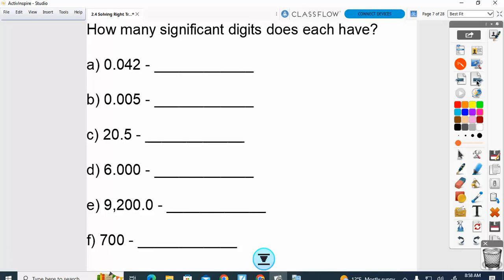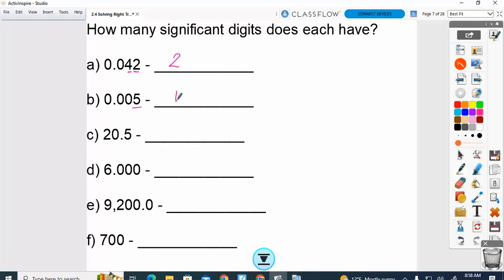And then we don't count trailing zeros if there's no decimal. So first non-zero digit on the left is what? 4. So how many significant digits do we have? 2. What about B? How many significant digits does it have? 1.